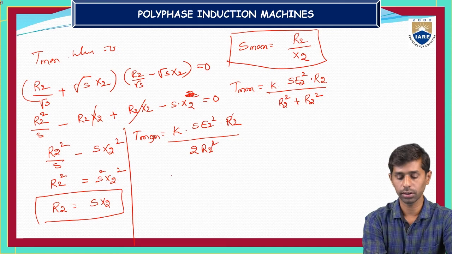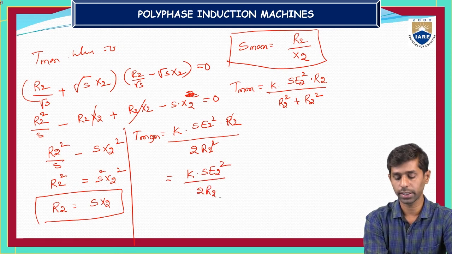R2 cancels and we get K times S into E2 square by 2R2. It is the expression for T maximum.